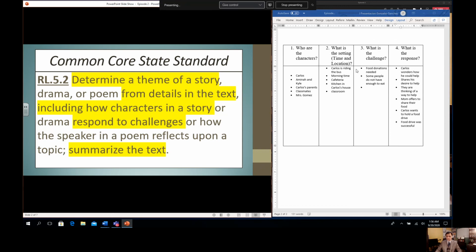After our conversation of this information, we will be able to determine the theme from details in the text, including how characters in a story respond to challenges. And how will we demonstrate that we determine this? We will do that through a summary.